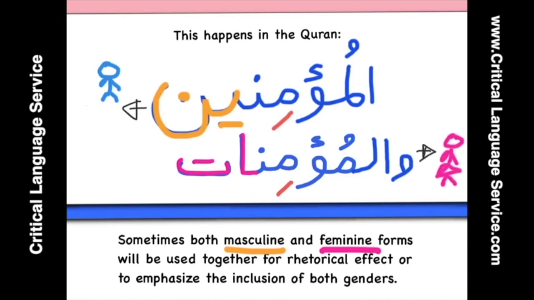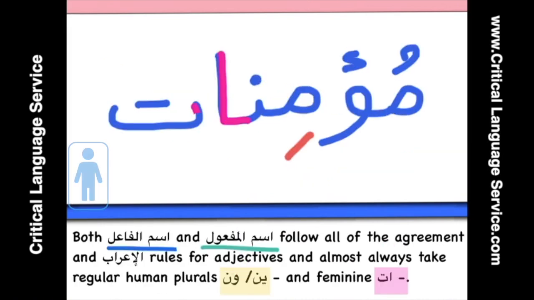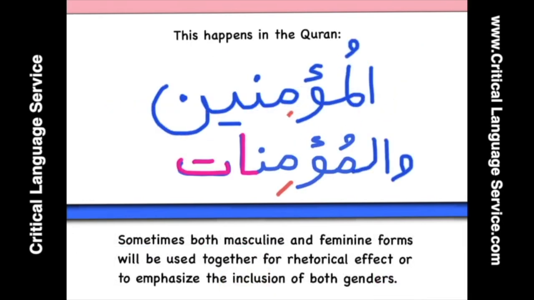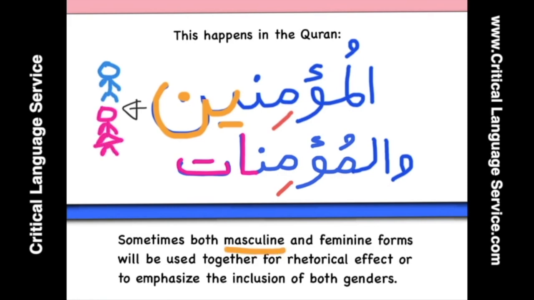Now, in Arabic, you could just say mu'minin, and that would include men and women. But mu'minat never includes men. It just means all the female believers. So the reason the Quran feels the need to write mu'minin wa mu'minat instead of just mu'minin is because it really wants to drive home the idea that this is directed to all of the male believers and all of the female believers.